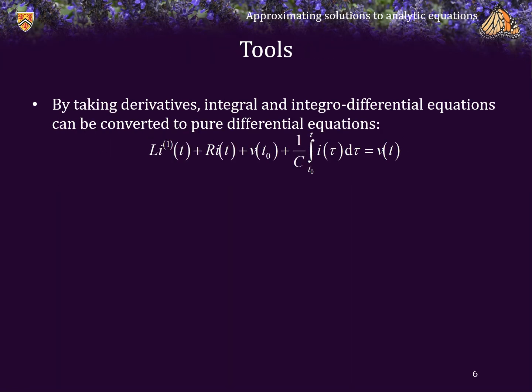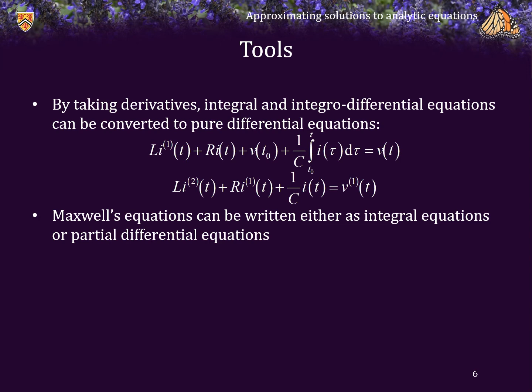Now, by taking derivatives, integral and integro-differential equations can be converted to pure differential equations. So, for example, if we differentiate this with respect to t, we get the following second-order differential equation. Similarly, Maxwell's equations can be written either as integral equations or as partial differential equations.